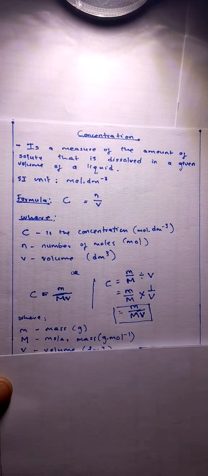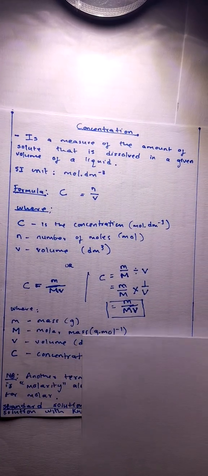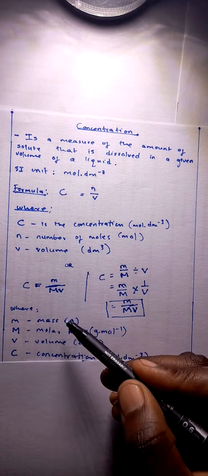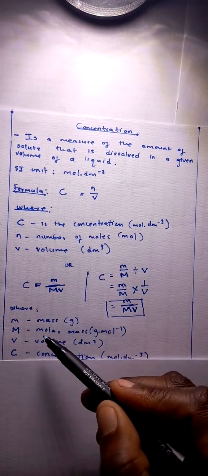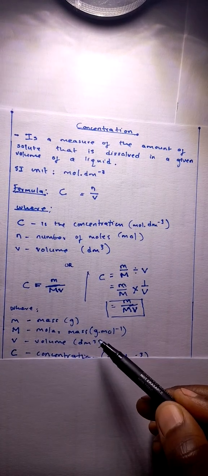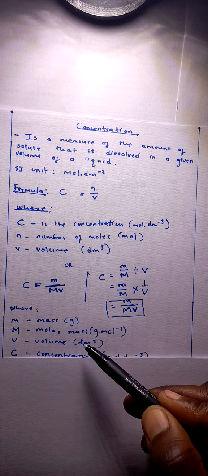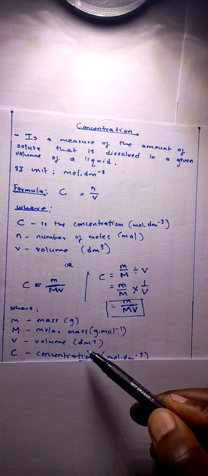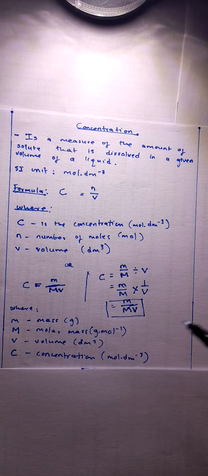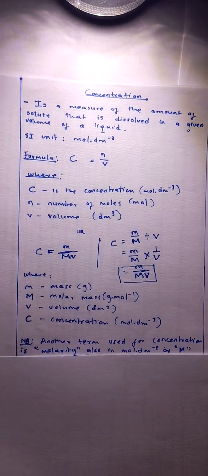But anyway, you are given the formula sheet. You can see the formulas there. Here mass is represented by m in grams, the molar mass, capital M, is in grams per mole, the volume is in cubic decimeter, and the concentration is in mole per cubic decimeter.